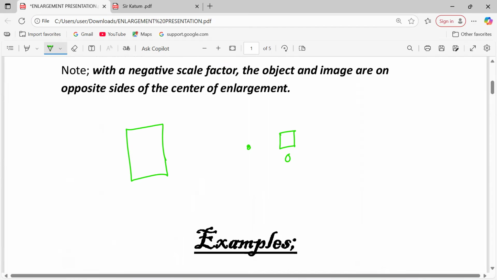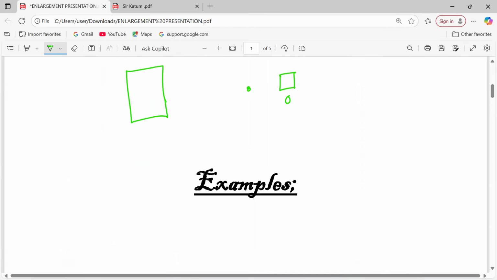Mathematically, we usually say this: the value of the scale factor is the ratio between the distance from the center, we can call the center C, to the image, divided by the distance from the center to the object.